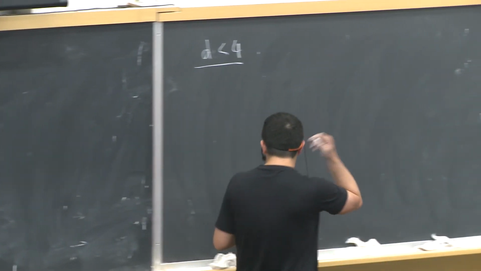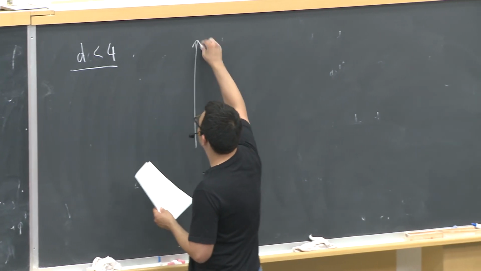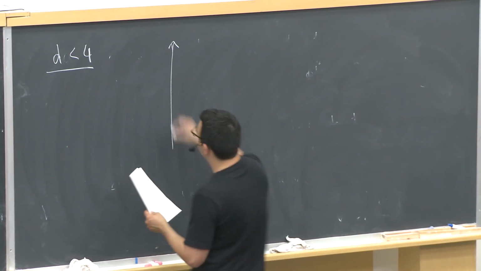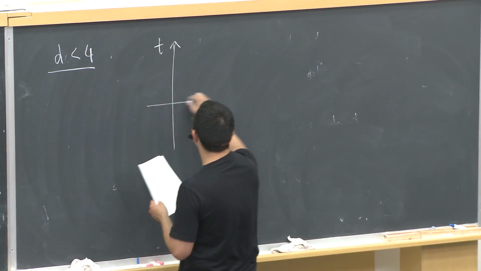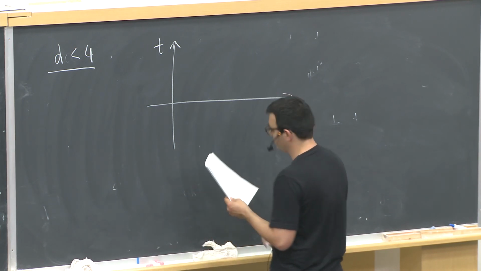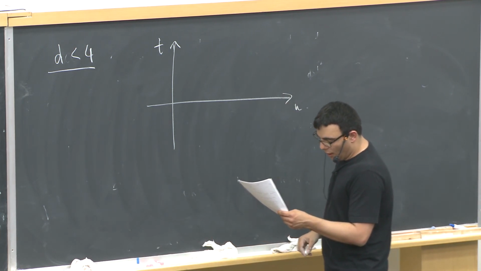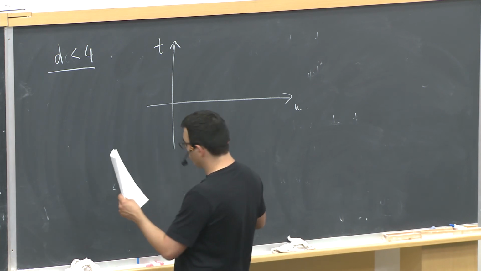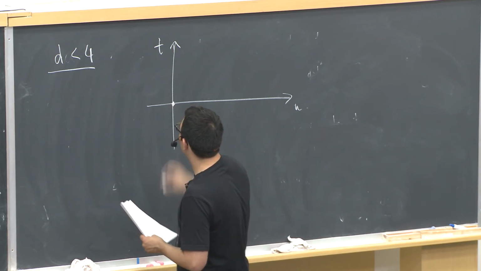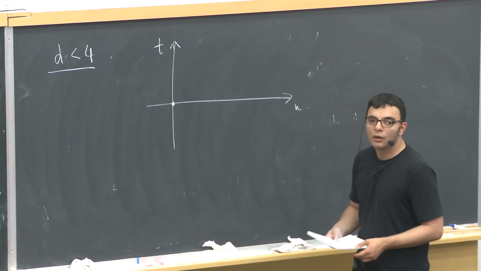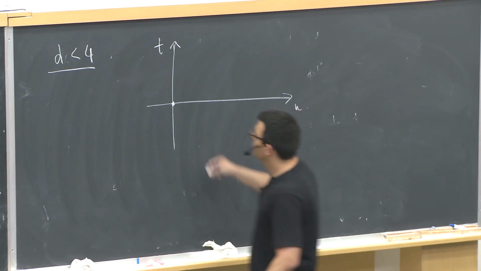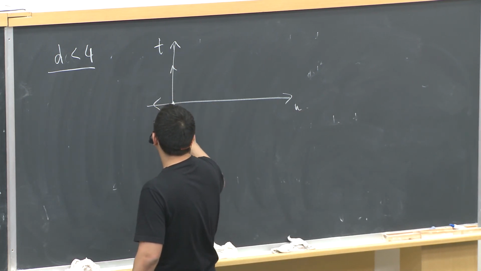And the picture is the following. Let me draw an RG flow diagram. So we have here T, and we have here U. And the Gaussian fixed point was at T equals U equals 0. Both couplings are relevant, so they take us away from the fixed point.